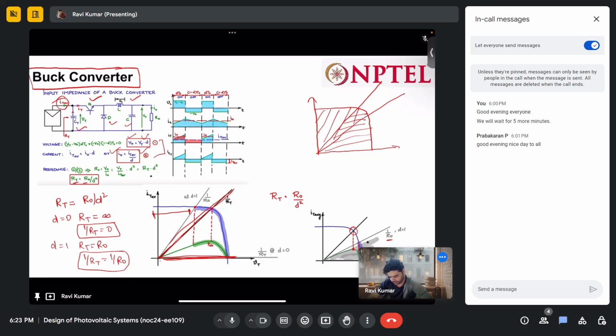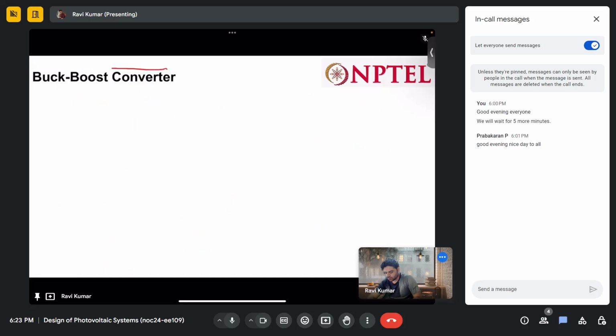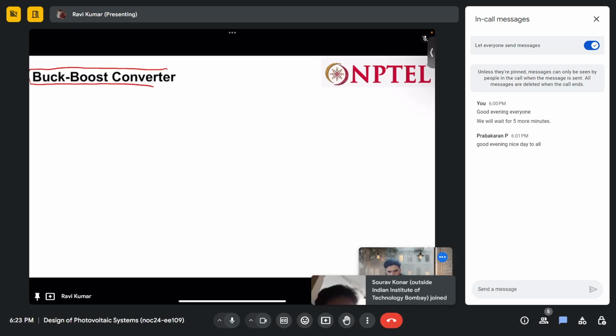How? Let's see. Now the third one is the buck boost converter. It is a combination of both. So now we will be able to trace the entire IV characteristics. This is the circuit diagram.